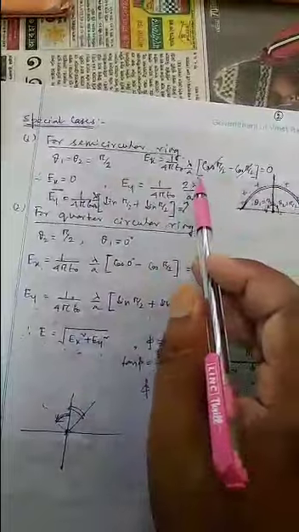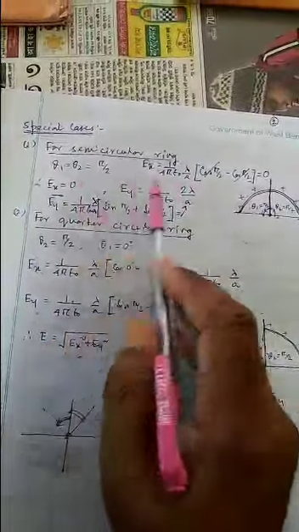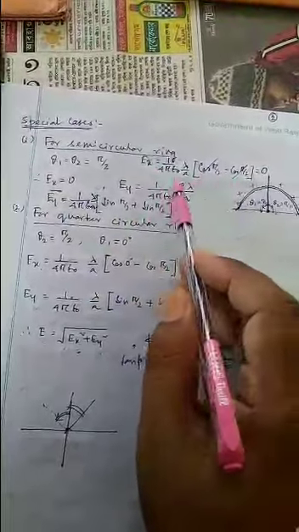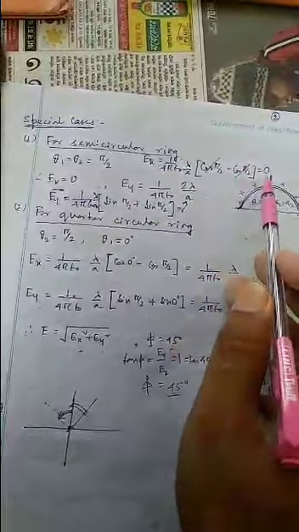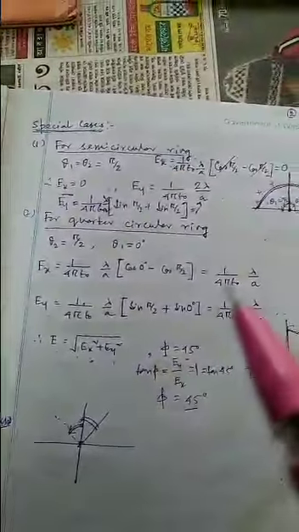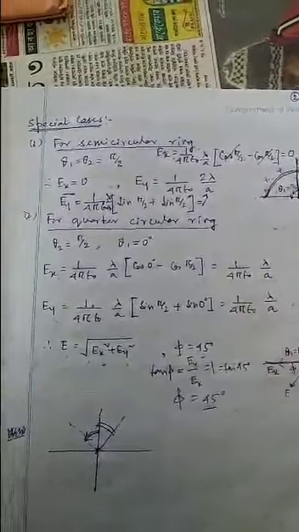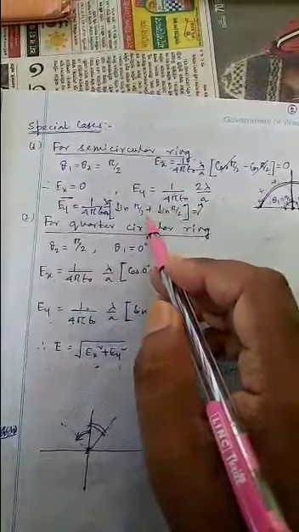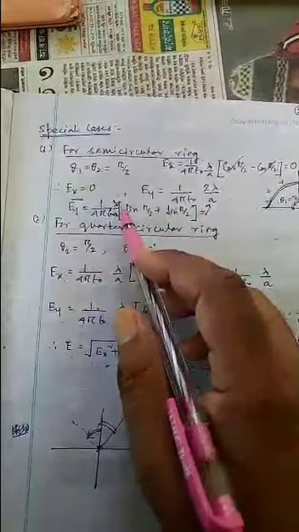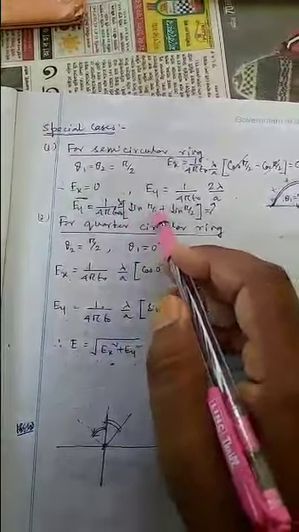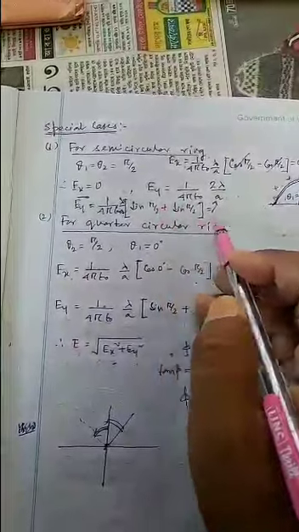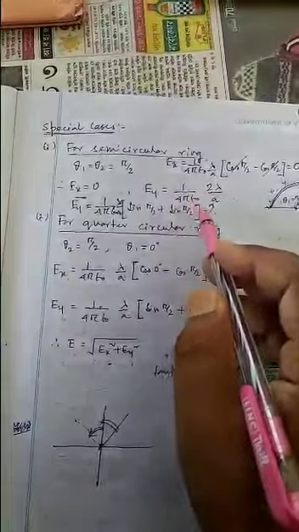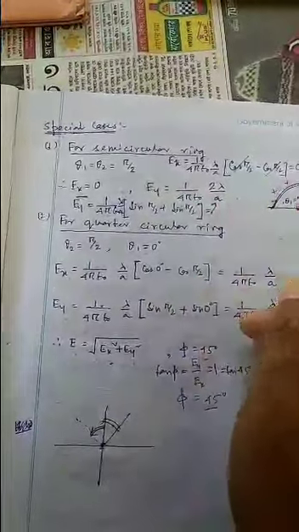If we put the limit in the expressions for Ex and Ey, the component Ex vanishes. And Ey gives 1 by 4 pi epsilon naught lambda by A, sine of pi by 2 plus sine of pi by 2, so ultimately Ey is equal to 1 by 4 pi epsilon naught 2 lambda by A.